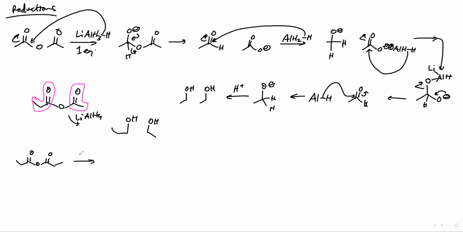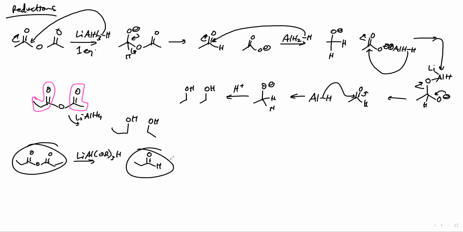Again, anhydrides, if we react them with LiTBA, the point just becomes, when we get to that aldehyde, I want the mechanism exactly the same as this up here. But when we get to the aldehyde, who is more reactive, anhydride or aldehyde? Who do we say is more reactive?